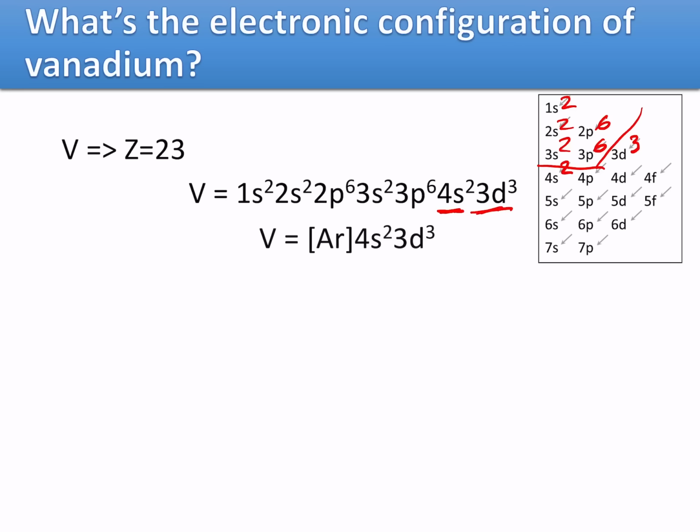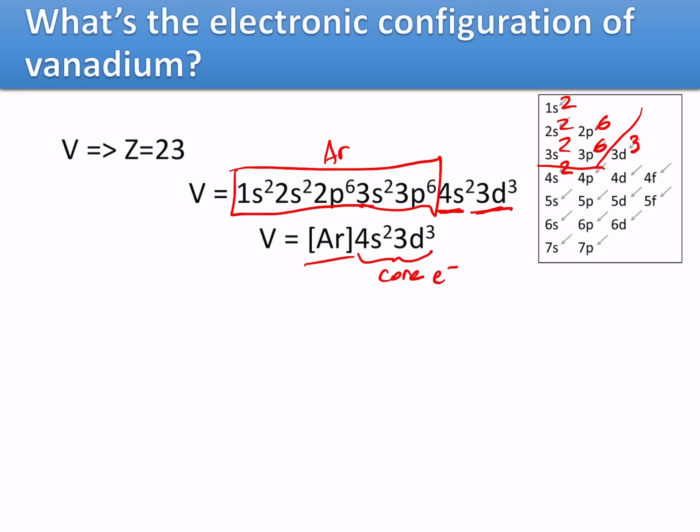If we use the shorthand notation, up to this point, that is the argon configuration. So we use the shorthand version here, argon, then the 4s2, 3d3. Technically, for transition metals, these are your core electrons. Okay? So pretty much you can consider, and I would suggest you just keep that for transition metals.